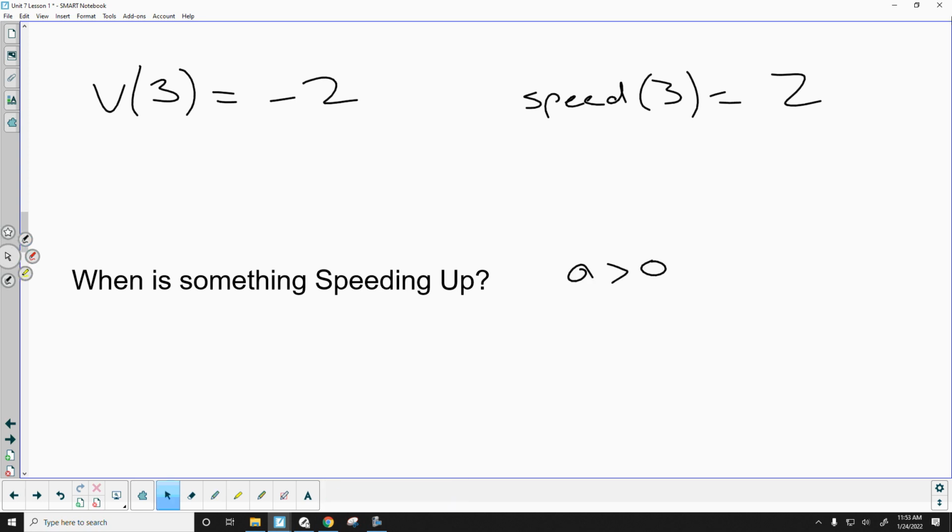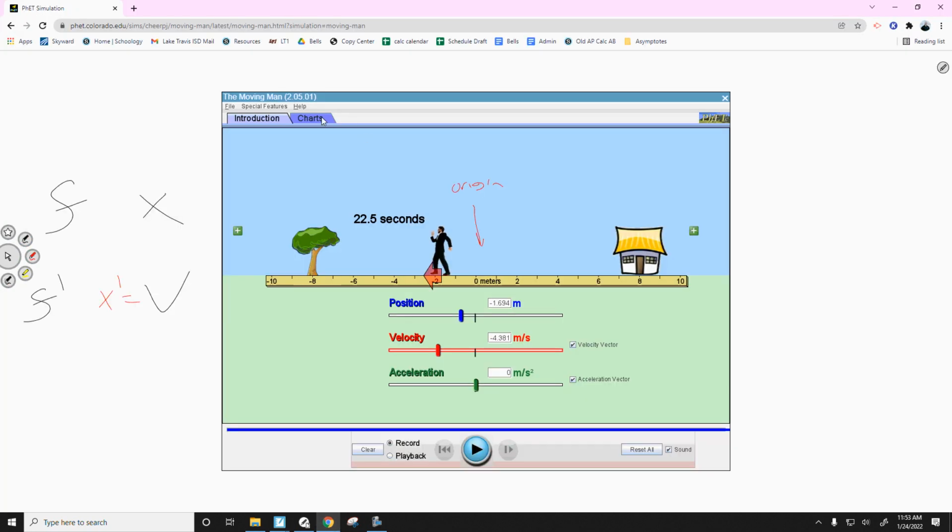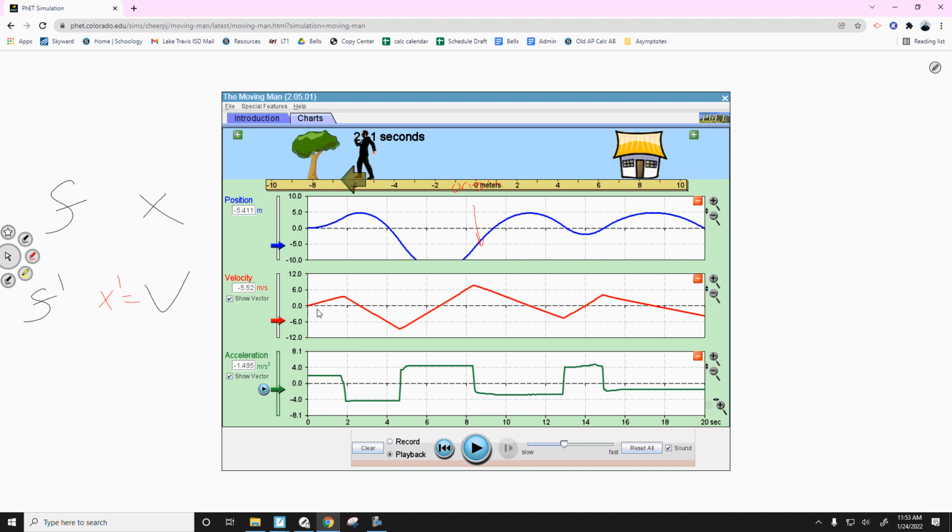Okay? I'm going to go back to my dude. And what I'm telling you is that you could be speeding up, but your acceleration could be negative. Ready? Let's go back to the beginning and watch. Okay, acceleration is positive, I'm speeding up. Okay, my acceleration is negative.